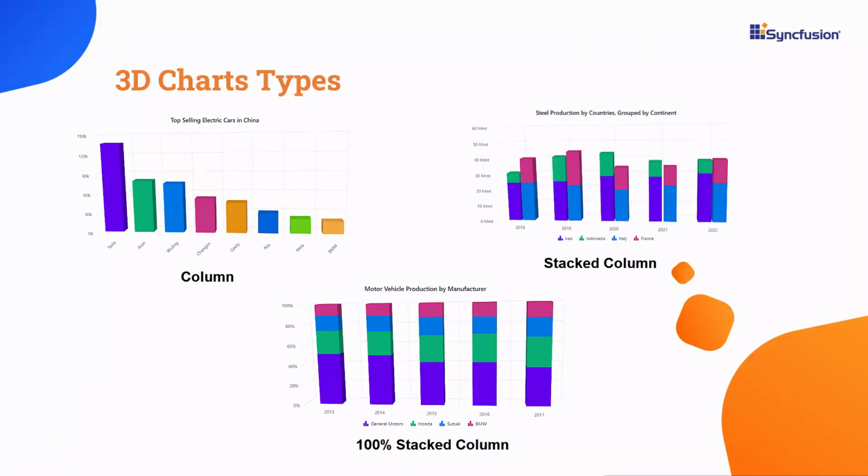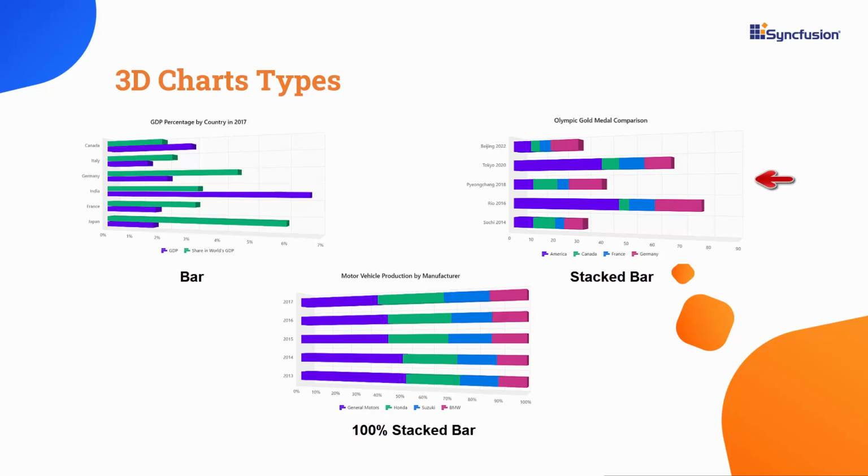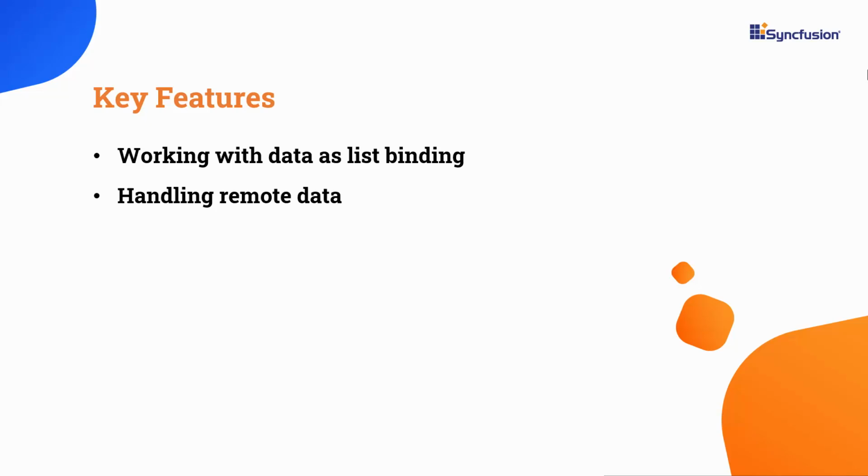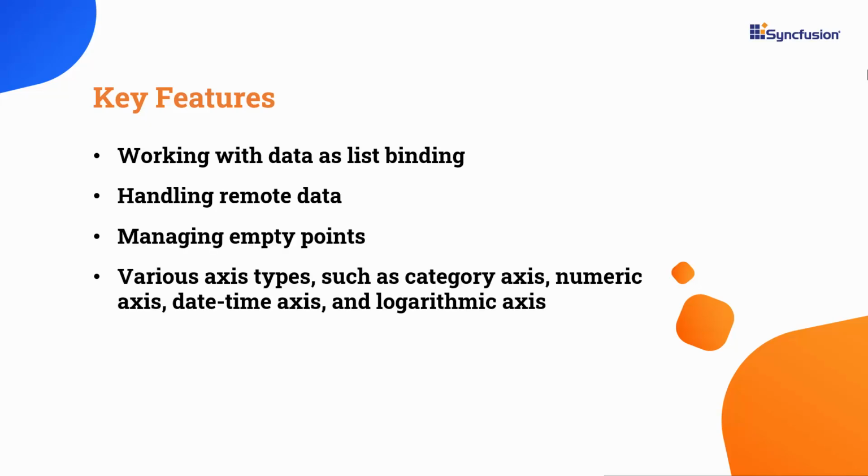The 3D charts can plot over 6 chart types, including column, stacked column, 100% stacked column, bar, stacked bar, and 100% stacked bar. In 3D charts, several key features are available, including working with data as list binding, handling remote data, managing empty points, and various axis types such as category axis, numeric axis, datetime axis, and logarithmic axis.